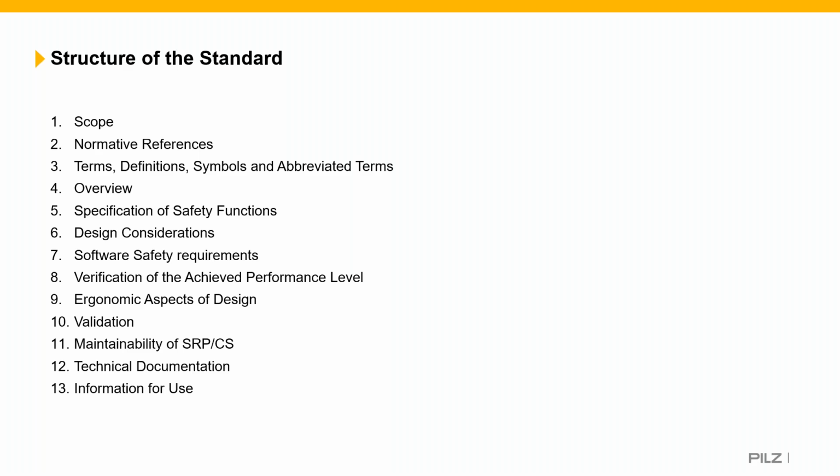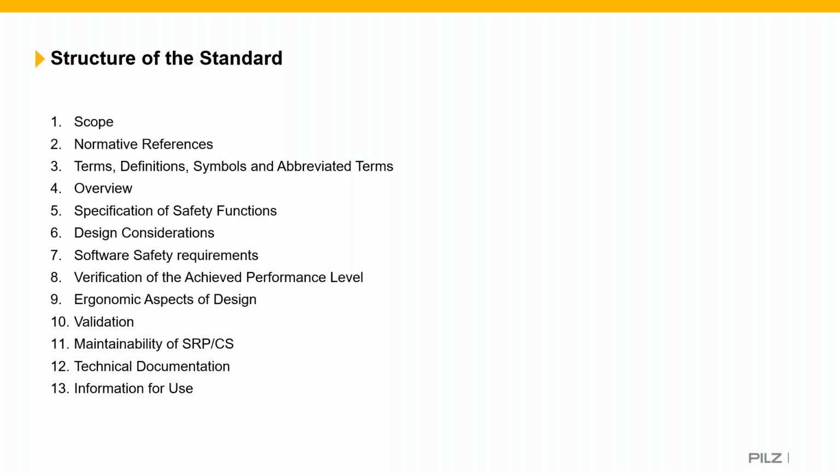You've got an overview, specifications of safety functions, design considerations, and software safety requirements, because through the years of revisions from 954 through to early versions of 13849 from 2006 onwards, software has become a bigger part in machine safety.